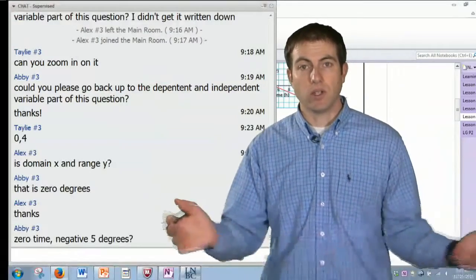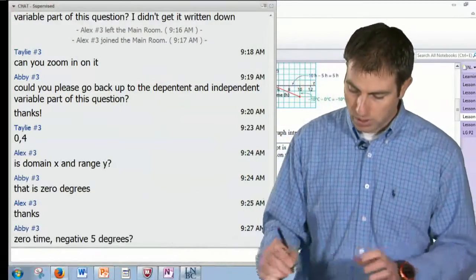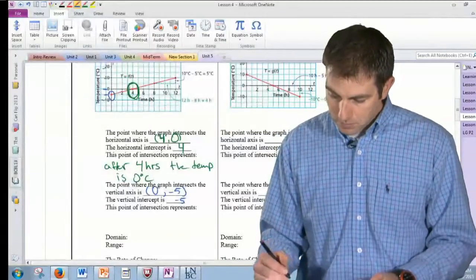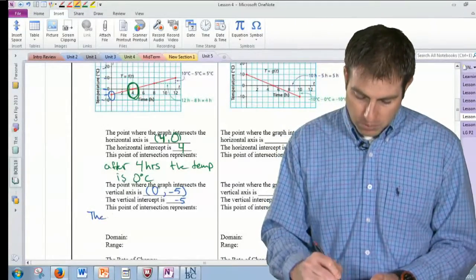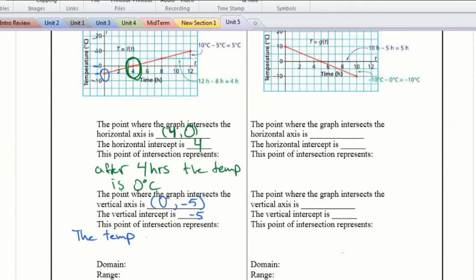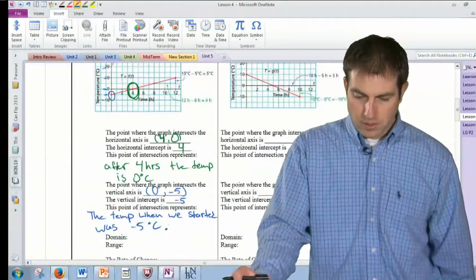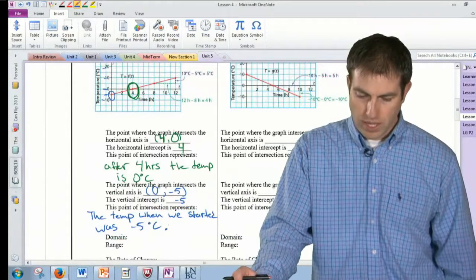So that's just when we started, it was -5. And Abby, you're on the right track there. So we could just write something like the temp when we started was -5 degrees Celsius. All right, that's pretty good for that much.